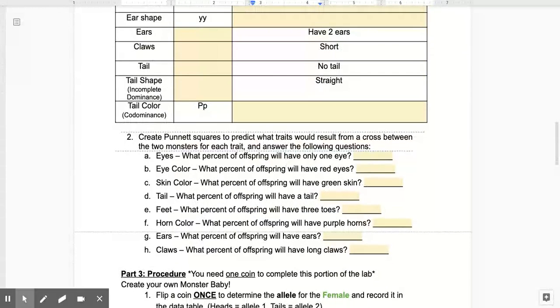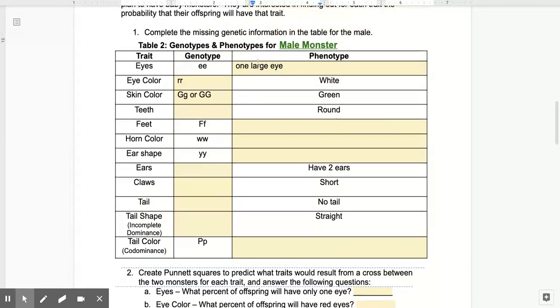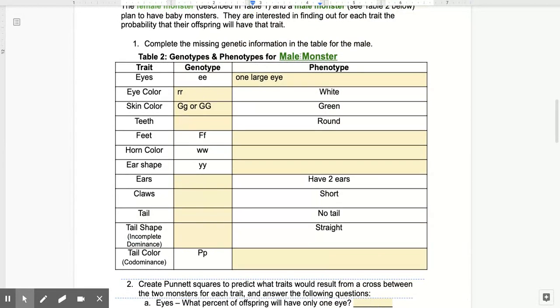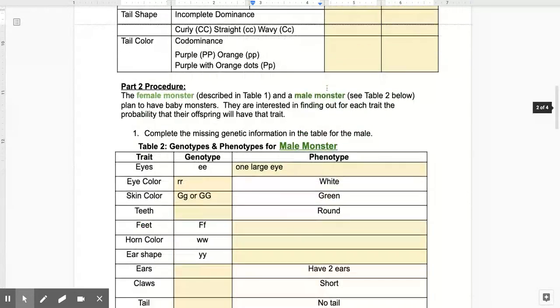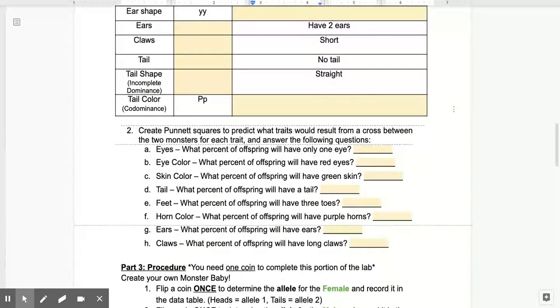And then this is the fun part. Based on the genotype from the male monster and the genotype from the female monster, you're going to complete Punnett squares on a separate sheet of paper. I don't need to see your Punnett square, but you need to use it to answer the question about the babies and what percent of the babies could have a particular trait.